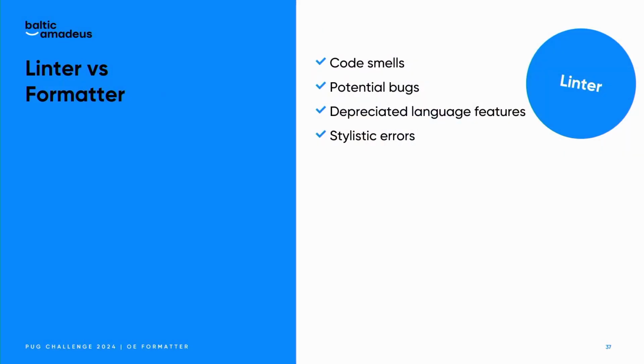And we also have linters, which I mentioned before. Linters are mainly focusing on code smells, on potential bugs, and of course in OpenEdge we have a lot of deprecated features which we shouldn't use, so also on those, and some stylistic issues might be pointed out by linters.